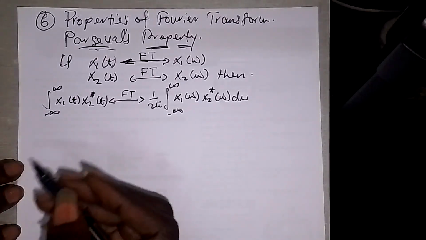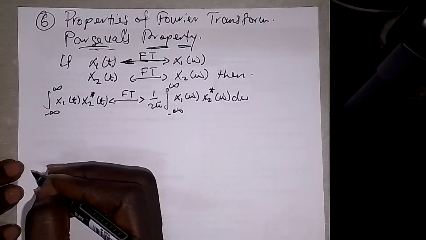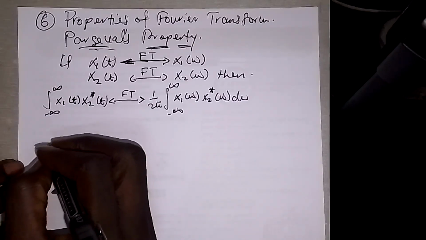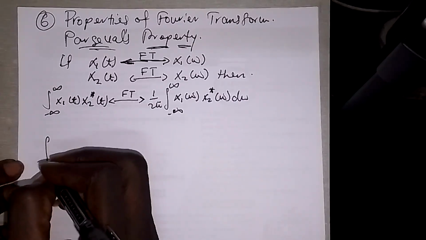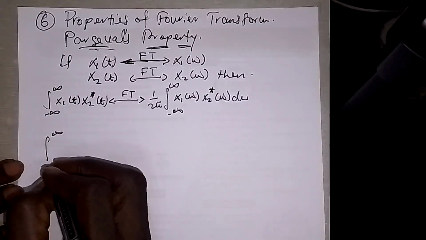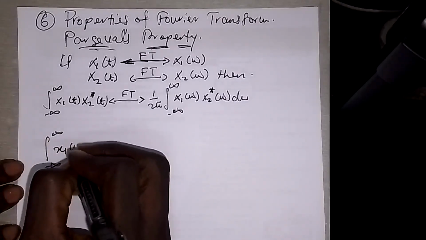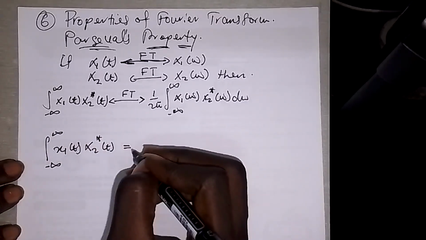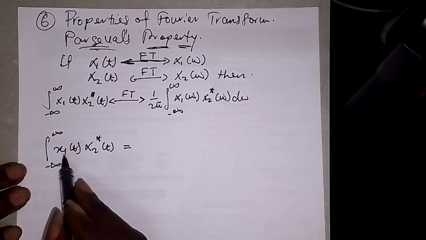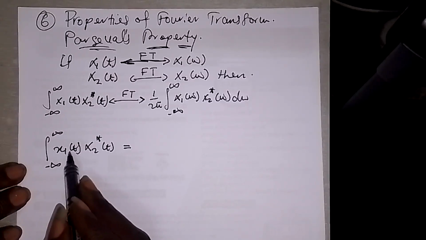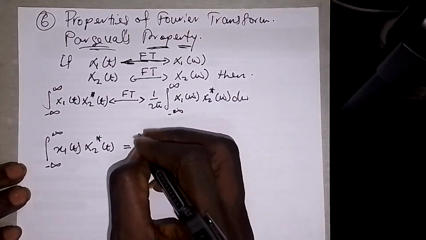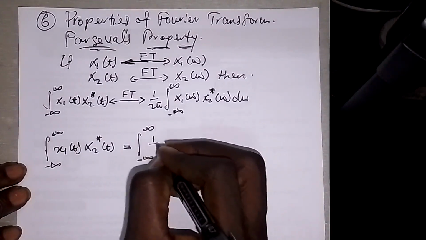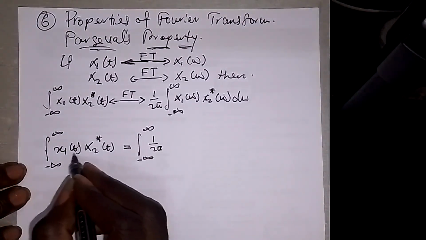So the integral from minus infinity to infinity of x1 of t into x2 of t, complex conjugate, is going to be equal to, where I maintain this integral, the inverse Fourier transform of x1 of omega.